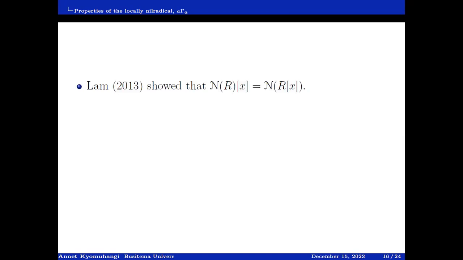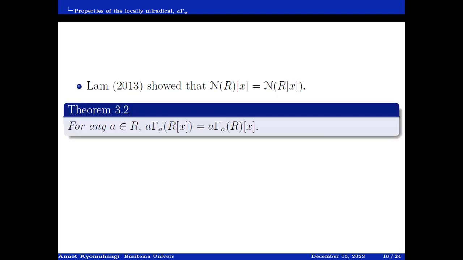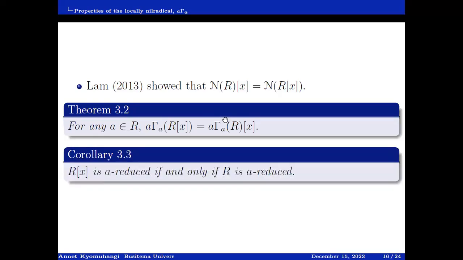We look at more properties of this local nilradical. We find Lam showed that this property is satisfied for the polynomials on the nilradical. We also find that our radical A gamma A, which is the local nilradical, satisfies the same property. And this deduces to a ring being A reduced. If you have a ring R that is A reduced, then the polynomial ring corresponding to that R is also A reduced.